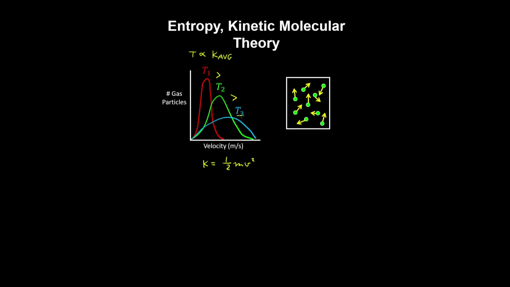So temperature 3 has a larger distribution of gas particle velocities, and thereby has a broader distribution of kinetic energy of the gas particles with an increase in temperature. And consequently, as the temperature increases, the disorder or randomness or entropy of the system increases.